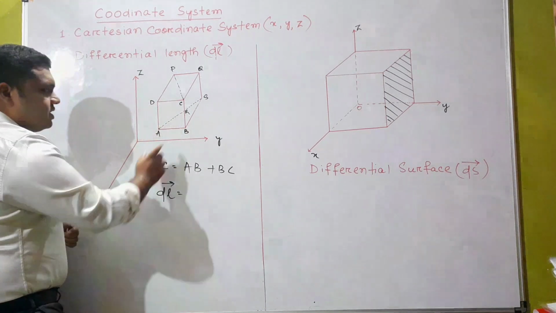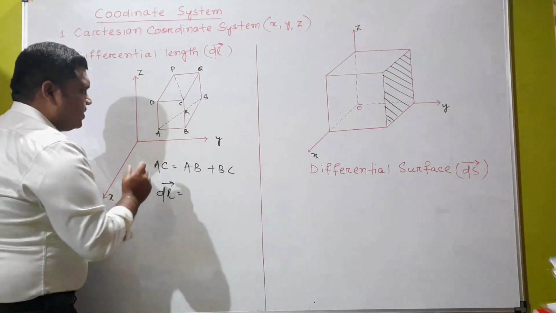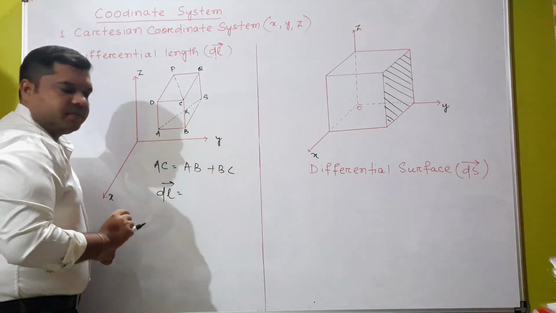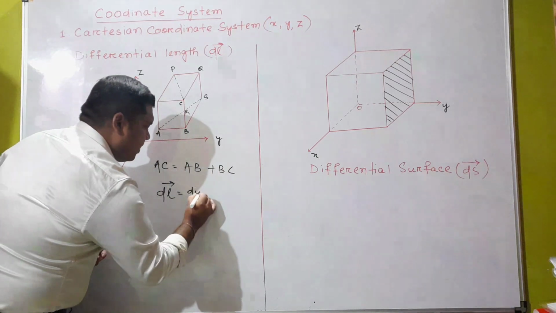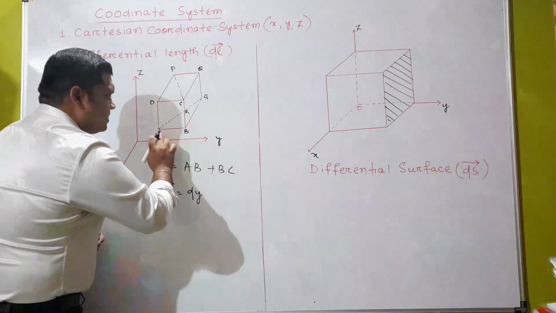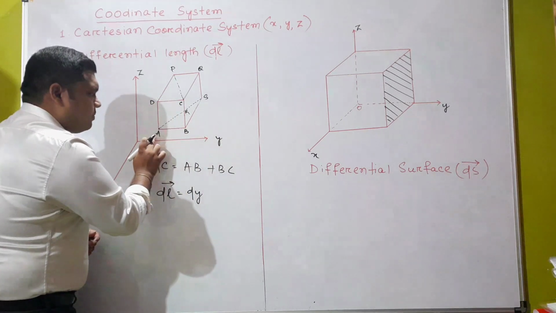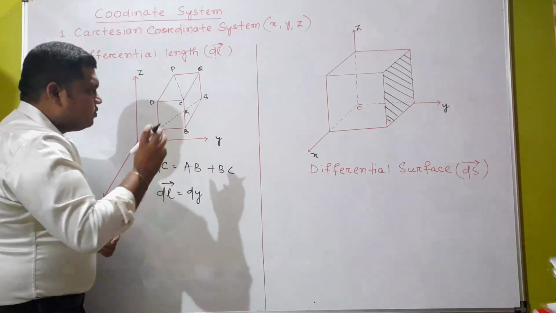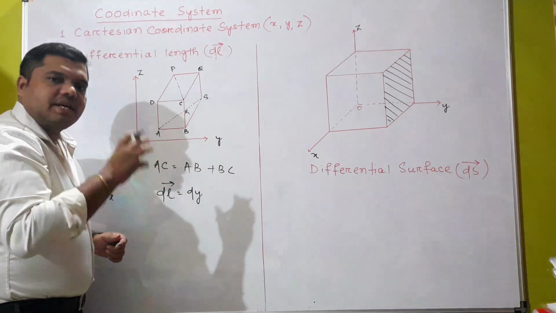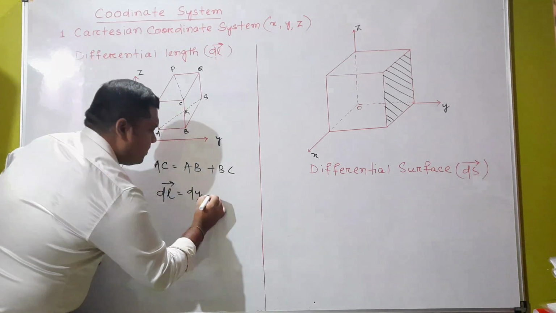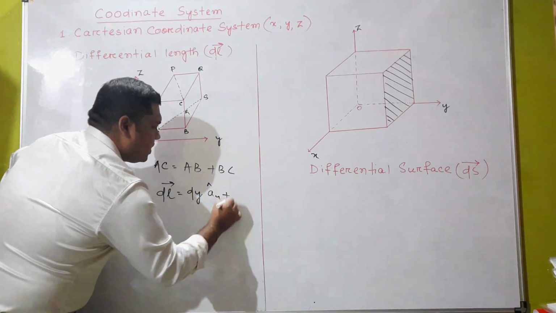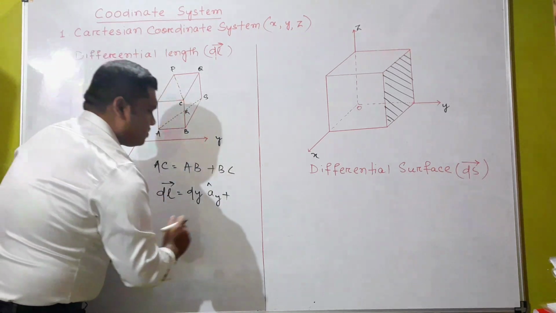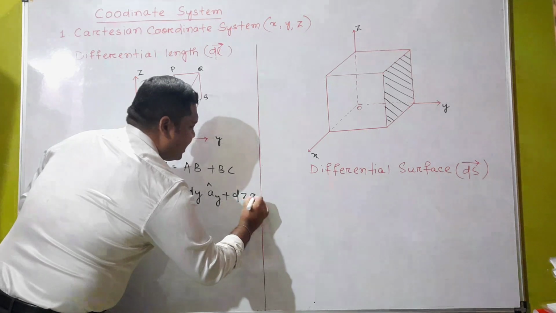AB is the small distance, and here AB is in the increasing direction of y. So I will write dy, and the unit vector is in the y direction, because if I move from A to B, the y parameter increases, and the unit vector direction is always the increasing direction of the parameter. So I will write dy ay cap plus B to C. Which parameter increases? The z parameter. So I will write dz az cap.